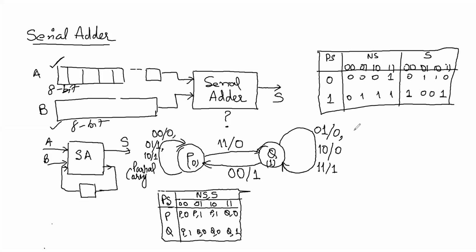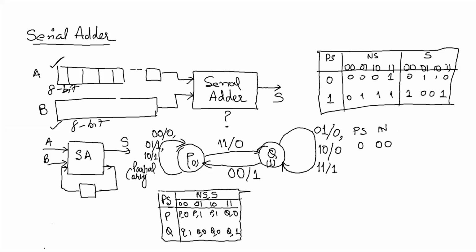That means I should have present state. I should have my inputs. So I am writing IN for the two inputs A and B. So I have 1 bit present state, 2 bit input, and I can make the combinations.